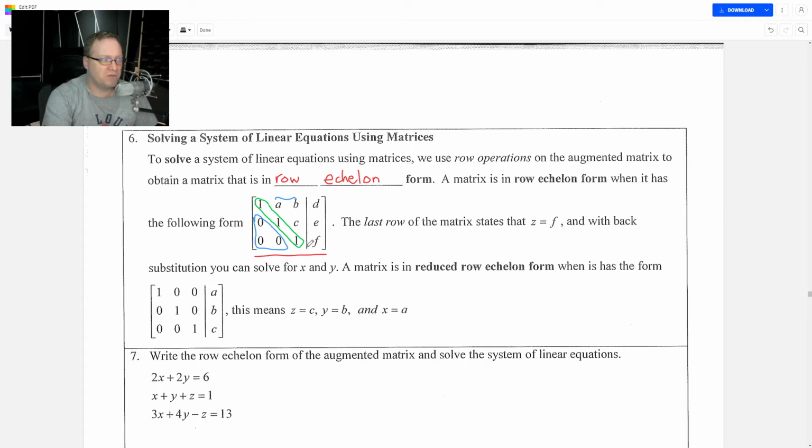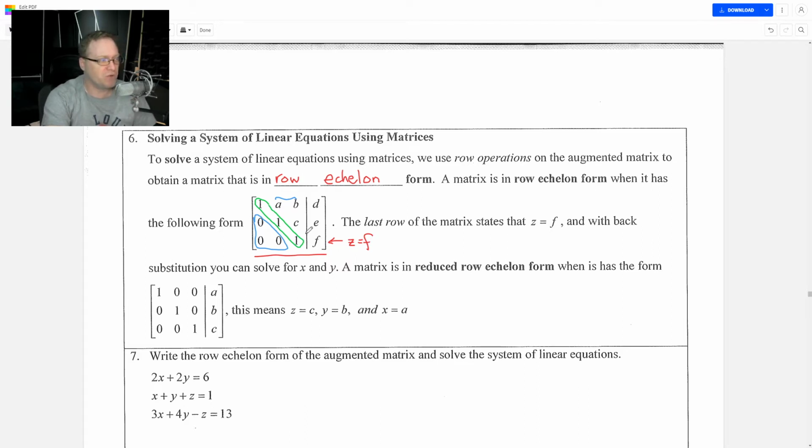And then the final one is just going to be z equals f. So the reason we like this is because when we have our matrix written like this, we know that the variable z is going to equal this number f. Now remember, f is just a number. It could be 6 or -3 or 45. It doesn't matter what number it is.